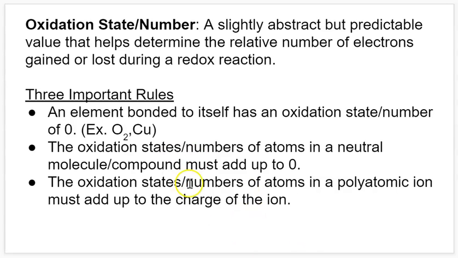By that same logic, for any compound that contains multiple types of elements, the overall oxidation state is always going to be 0 unless it's charged. If it's a polyatomic ion, the oxidation states need to add up to the charge of the ion. So if something has a -1 charge overall, the oxidation states of the elements that make up that compound need to add up to -1.